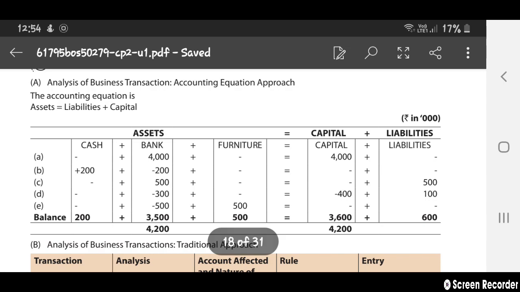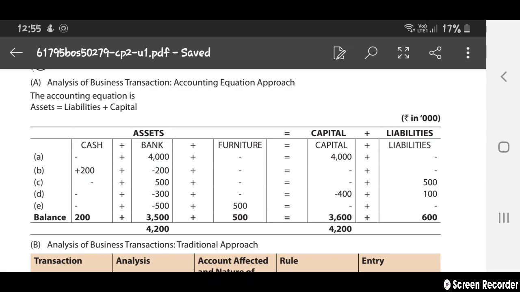First we will solve this question using the accounting equation approach. The accounting equation is assets equal to liabilities plus capital. In assets, the cash that we have withdrawn is rupees 200.